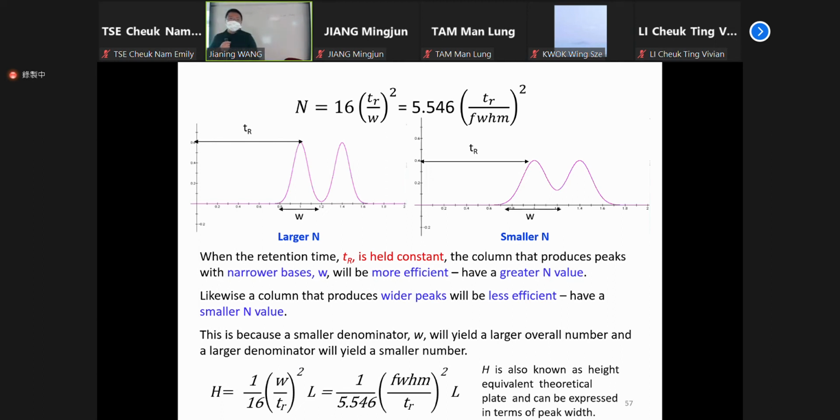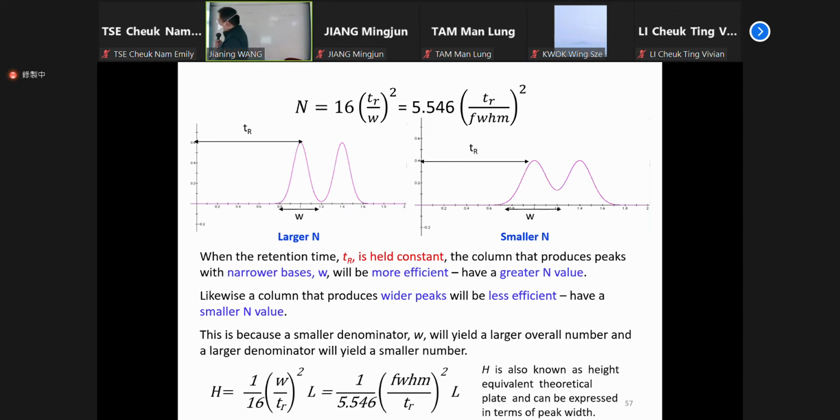So when we get a larger n, it means that in a certain length of a column, we have many separation steps, like many extraction units in a Craig apparatus, or many distillation chambers.